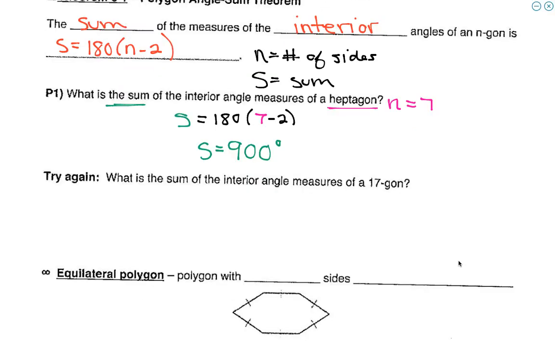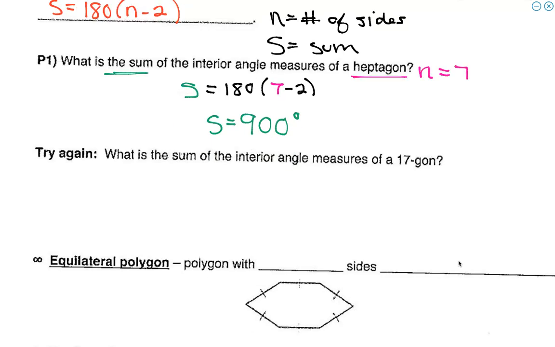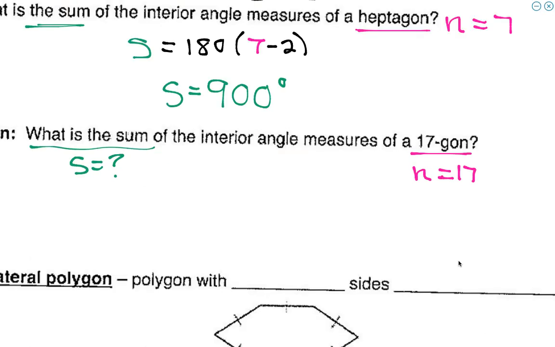So we're going to try this again, but it's going to be backwards. This time we know that n is 17. They want to know what is S. So S equals 180 times 17 minus 2.